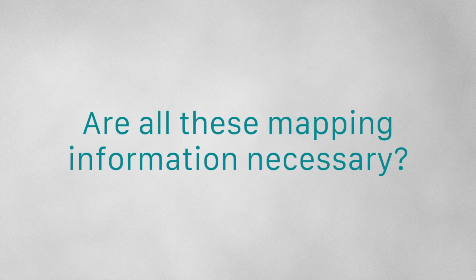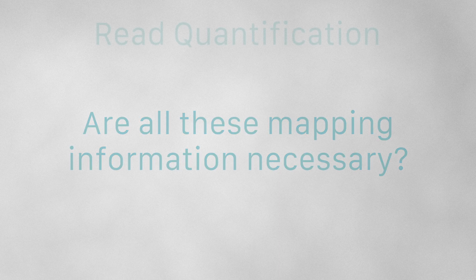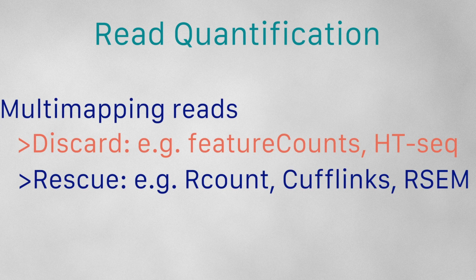Understanding all of these mapping parameters is very important during the counting of the reads, otherwise known as read quantification. Because during this stage, you should pay special attention to how you would treat multi-mapping reads. Would you wish to ignore those, or to actually still utilize the reads?